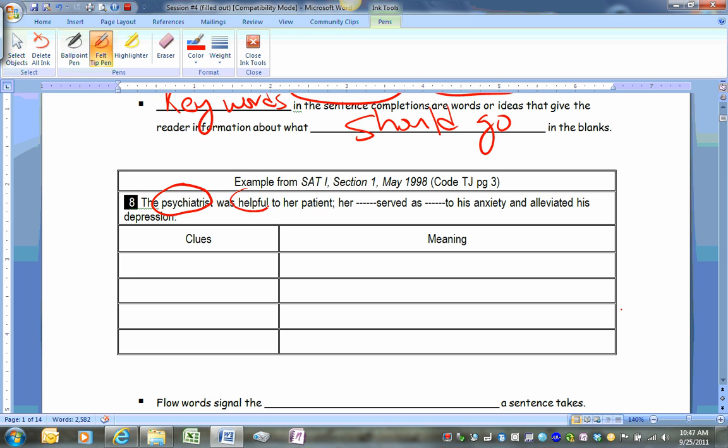Helpful. So now you know that there's some sort of positive connotation here, right? Her blank source blank to is anxiety. So obviously something was done to the anxiety. And alleviated. So I consider all those to be keywords or clues. So let's look at the word psychiatrist.